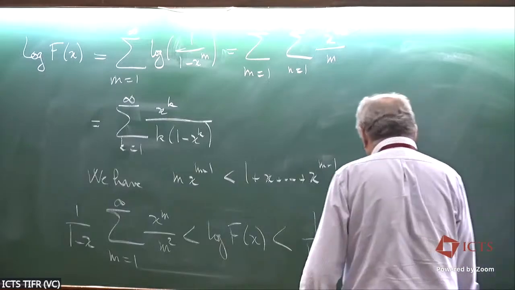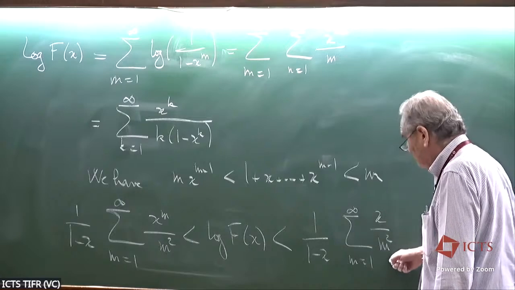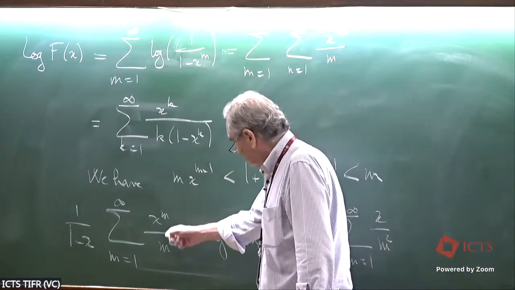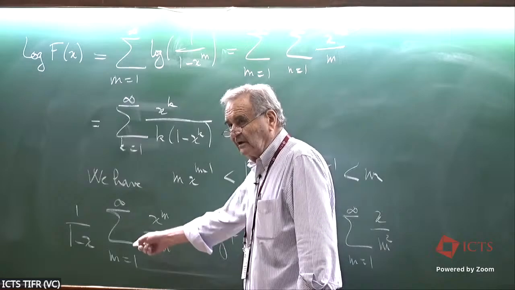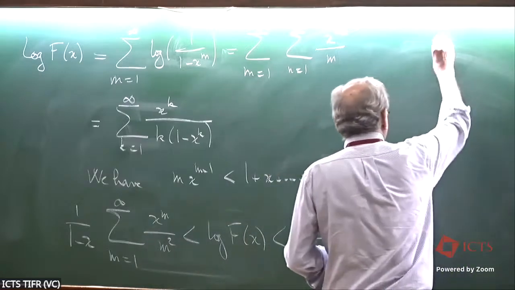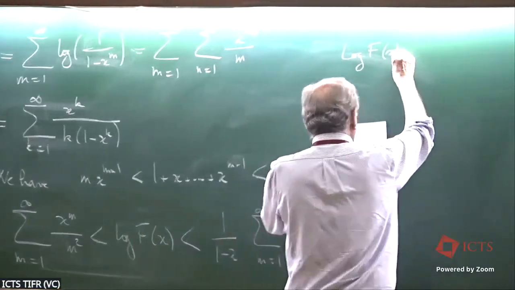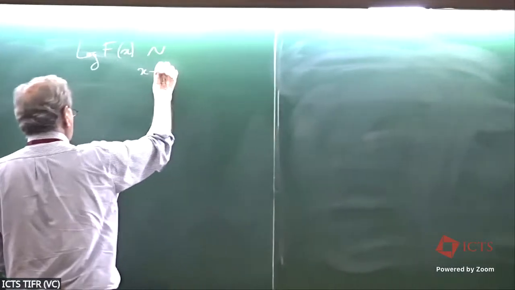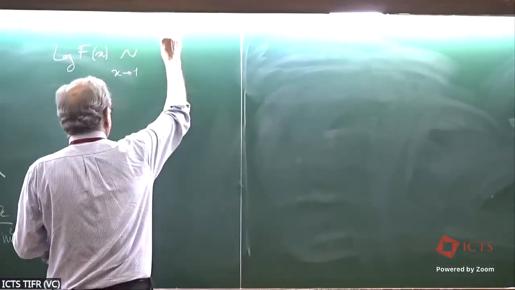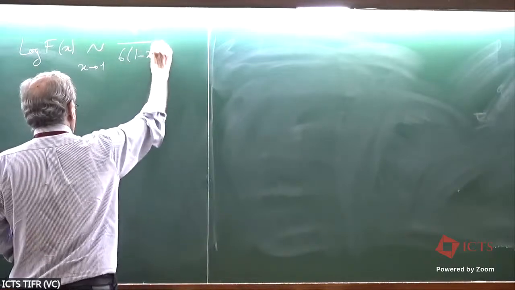And then, of course, when x is close to 1, you see that this will be the sum of 1 over m squared, that is to say, our favorite pi squared over 6. So we have the following: when x tends to 1, being smaller than 1 of course, log of f of x is equivalent to pi squared over 6, 1 minus x.